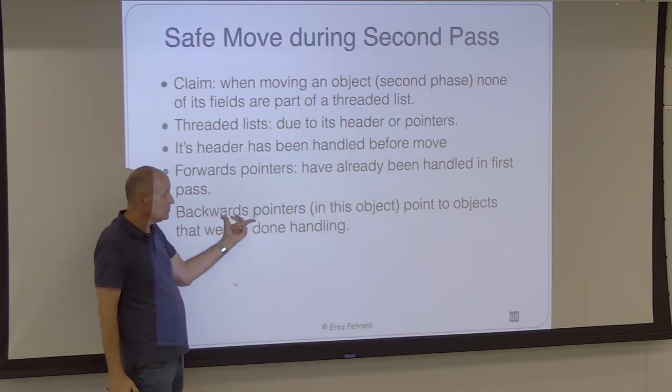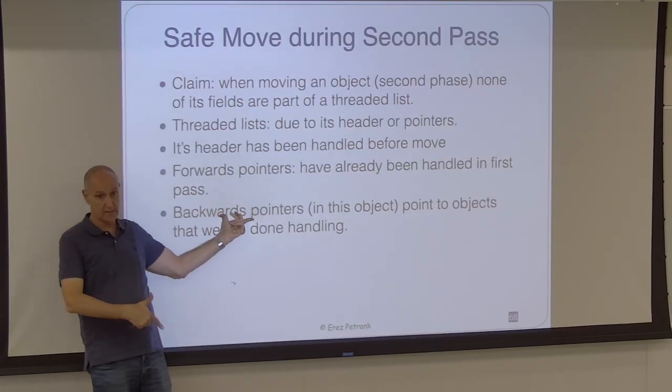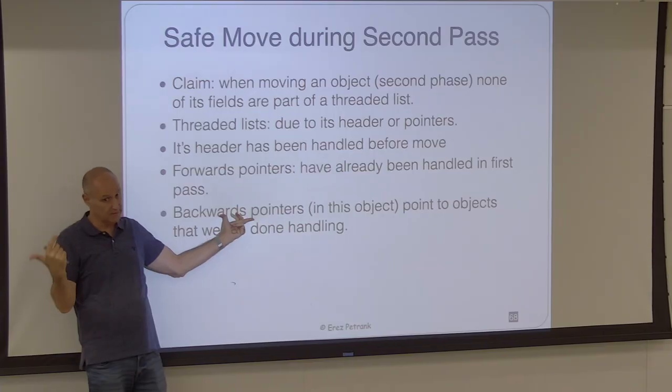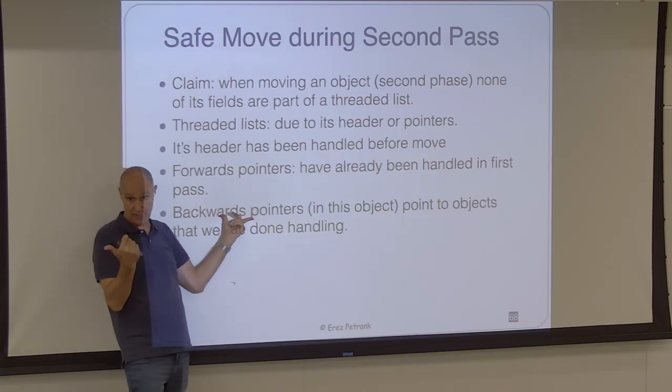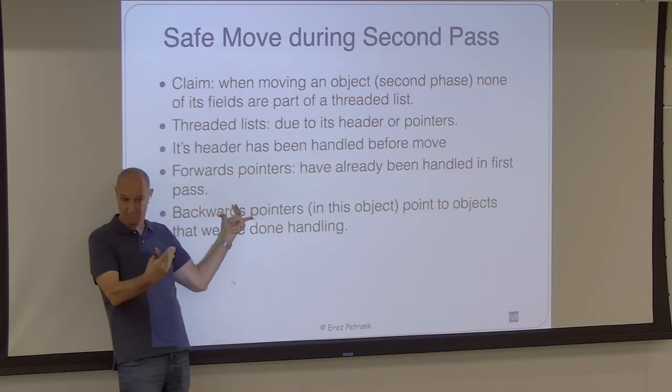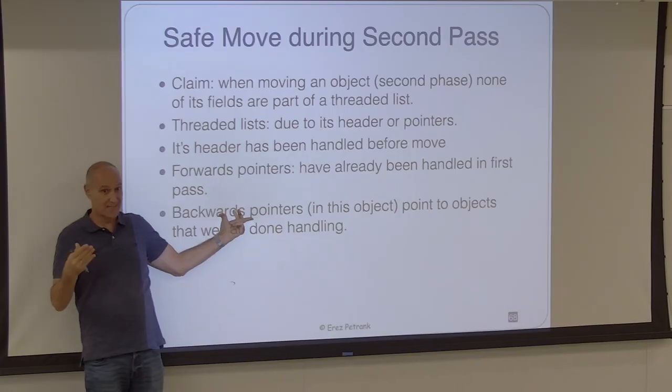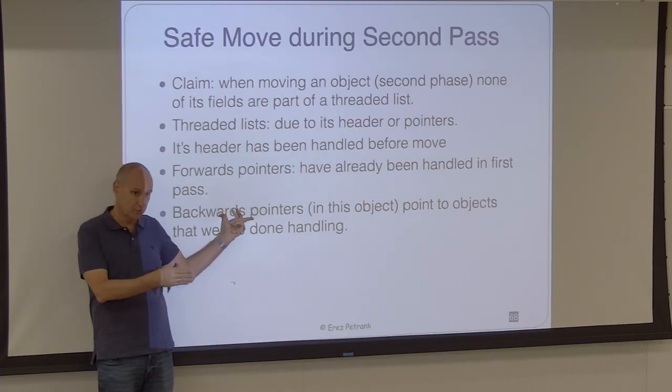If it has backwards pointers, then it gets threaded at the end of the first pass to these objects, and maybe it's still connected to them in the second pass. But if it's threaded to objects that are backwards, then in the second pass, I've already passed through these objects.